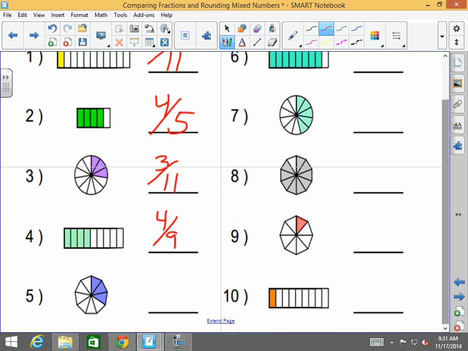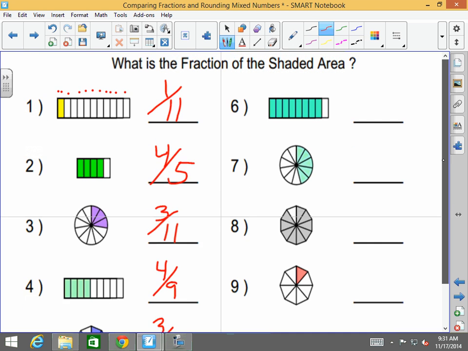Next. 3/9. Very good, which can be reduced, but we'll get there. Next. 8 out of 9. Very good. Next. 5 out of 11. Very good. Next. 10/11. 10 out of 11.